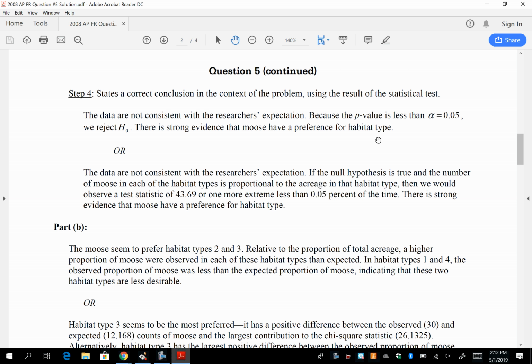They're not consistent with this proportion of acreage. So there's something else going on. It's probably because they want to get away from the burned area, which makes sense, right? Animals don't want to be around things that are not growing.